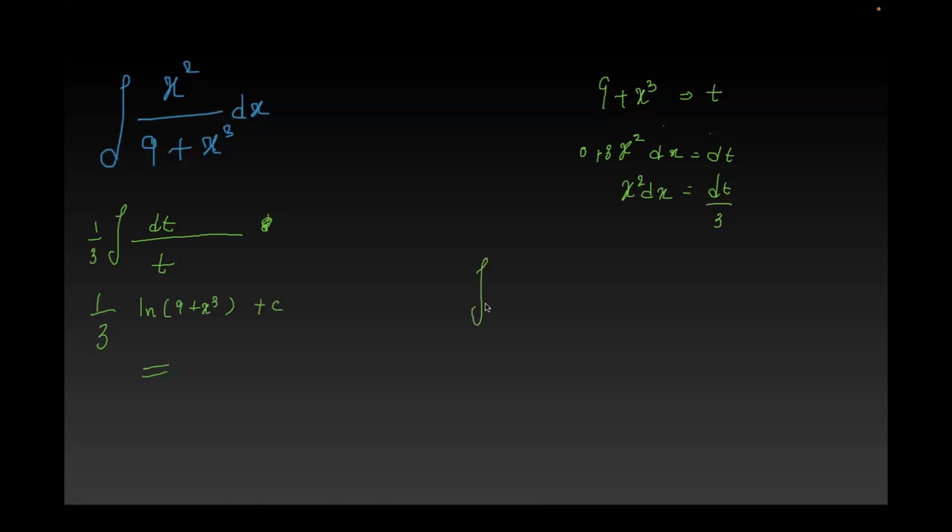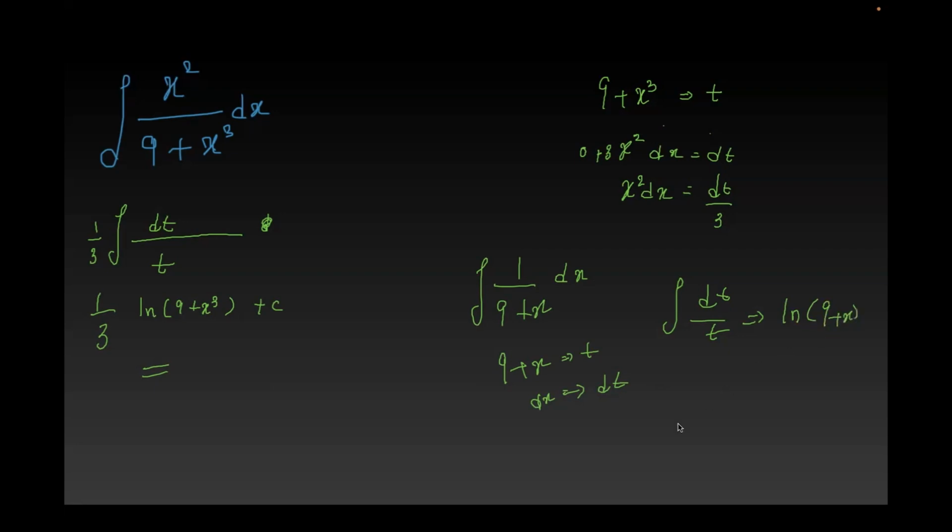Now similarly, if you have 1 by 9 plus x dx, how do you do it? Take 9 plus x as t, dx is dt. You got it. Now, what is it? Nothing but integral dt by t, which is ln t. This is 9 plus x.